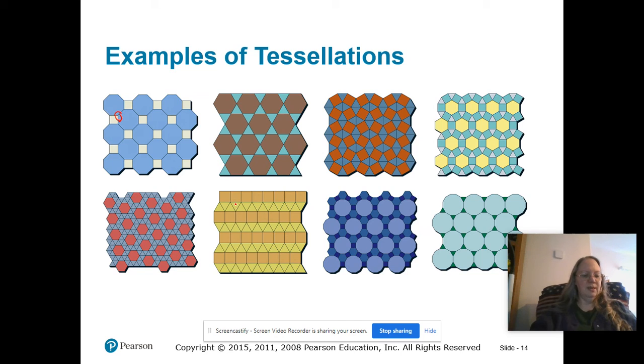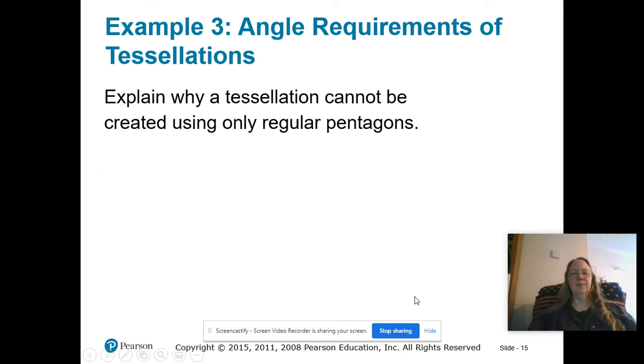So for it to be a tessellation, at the vertex it has to add up to 360 degrees. Guys, it looks like these are circles. They are not. They actually have sides, just a lot of sides, so it tricks your eye into thinking it's a circle.